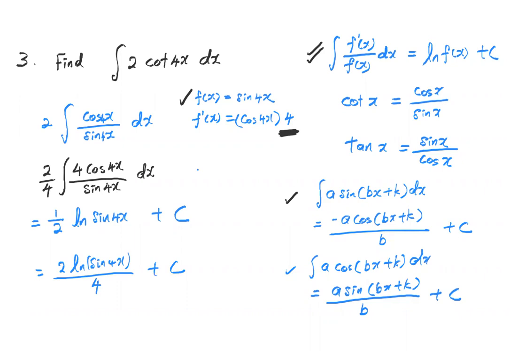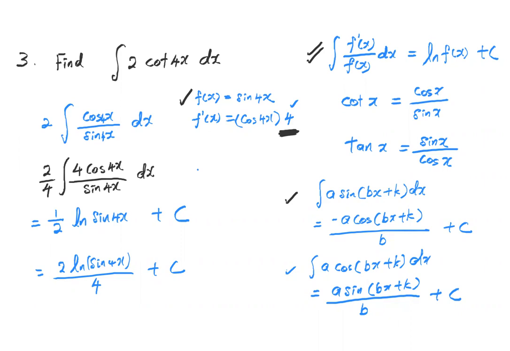I will also give you full marks after you simplify. So the reason why I have to divide by 4 is because of this. I want to create a f'(x) up there.